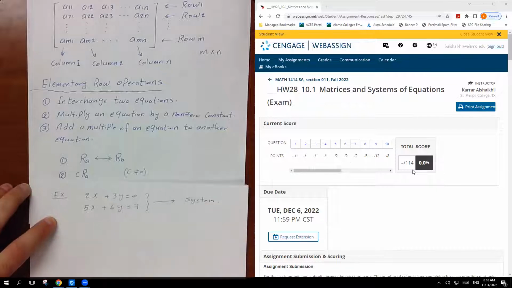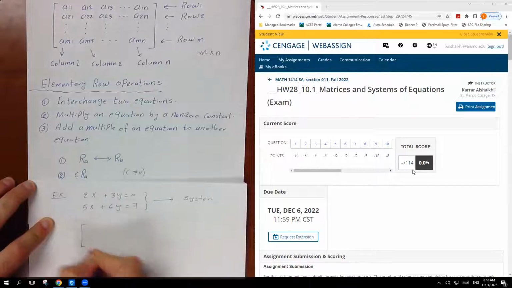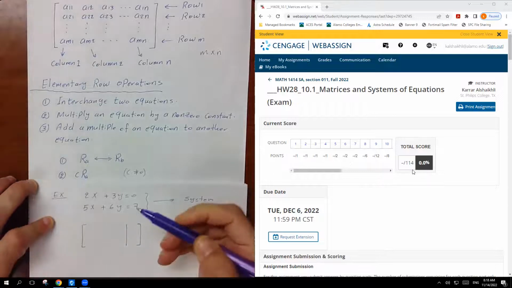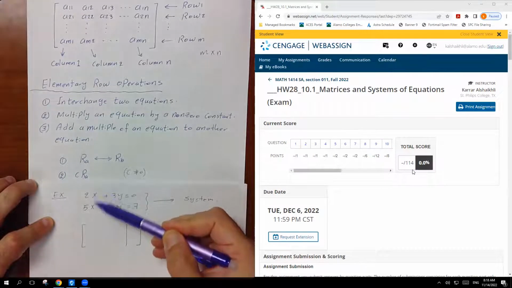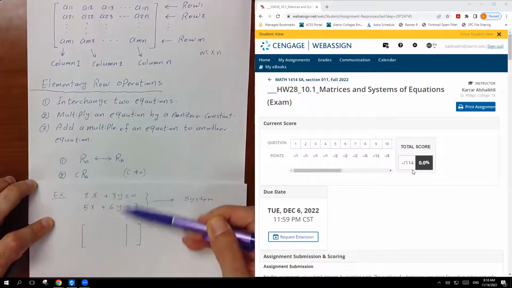Now I need to write down the augmented matrix. I'm going to open two long brackets. The first thing I need to make sure of is that the x's are in one column and the y's are in one column.